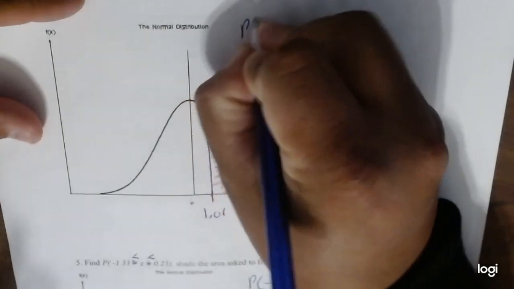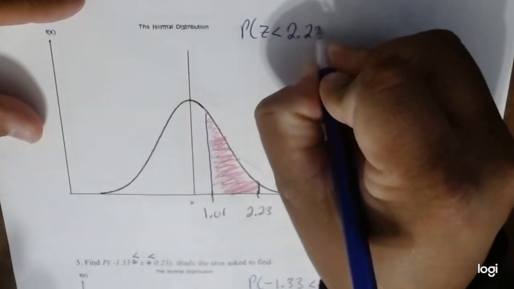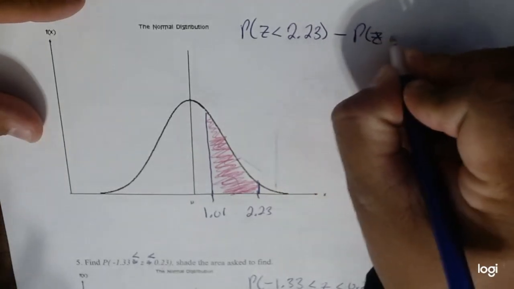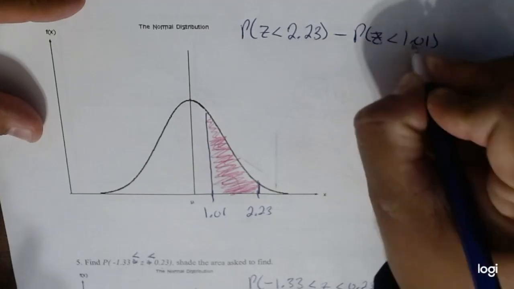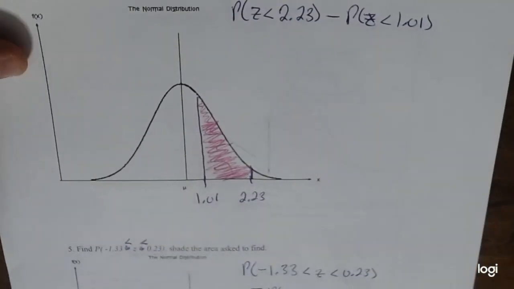Since we want between, we want the probability of z being less than the bigger one, 2.23, minus the probability of z being less than the smaller one, 1.01. So if you notice, it's always right minus left. It's easier to think of it that way.